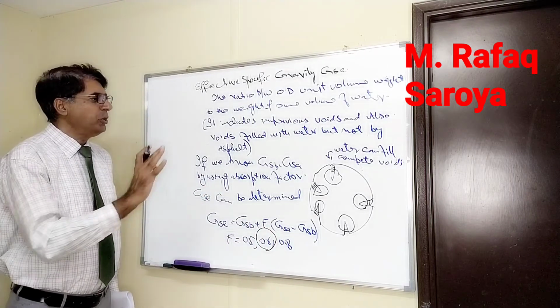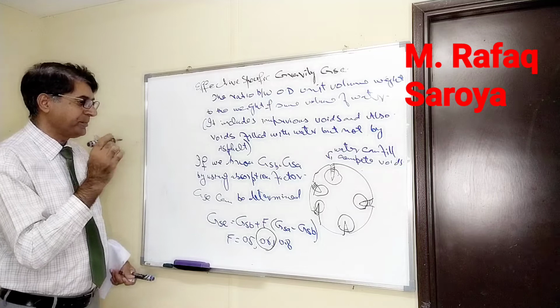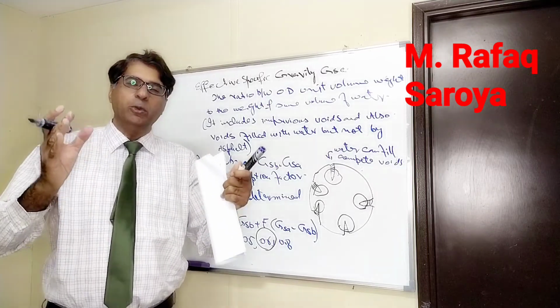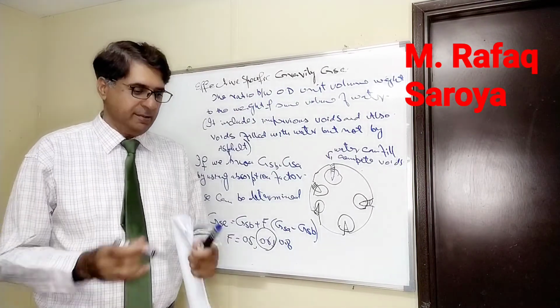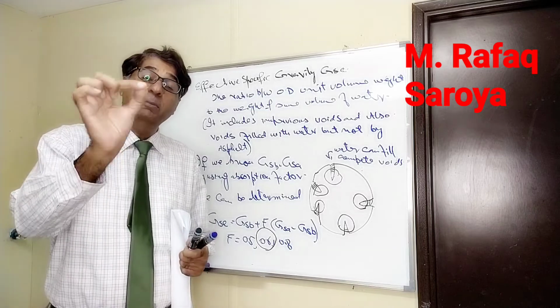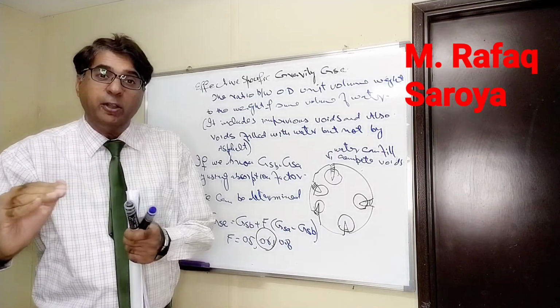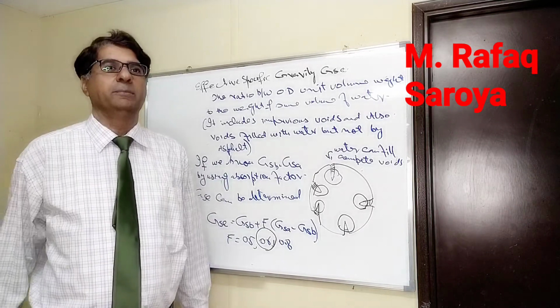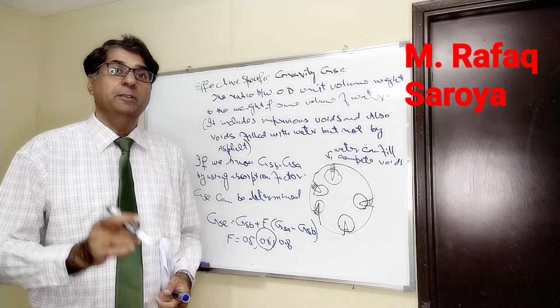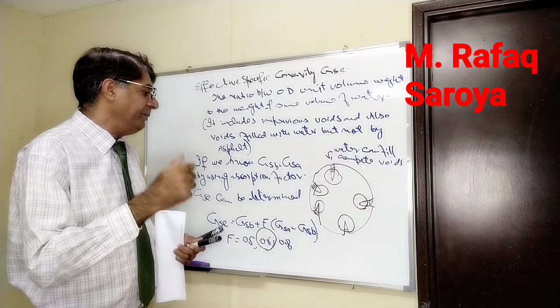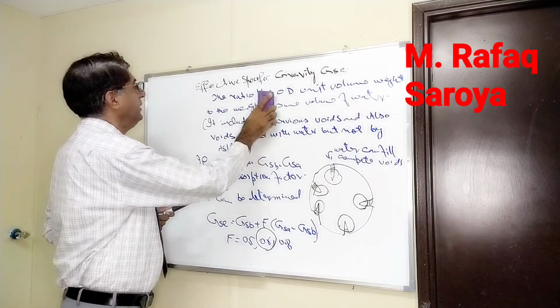Clear? So here I would like to tell you one thing. Now you have calculated all three specific gravities. As a first preliminary stage, if you want to know whether you are going the right way or the wrong way, you will have to check which value is greater.